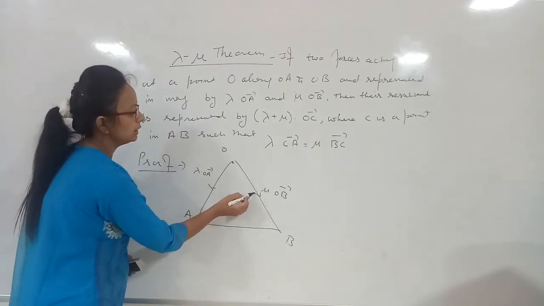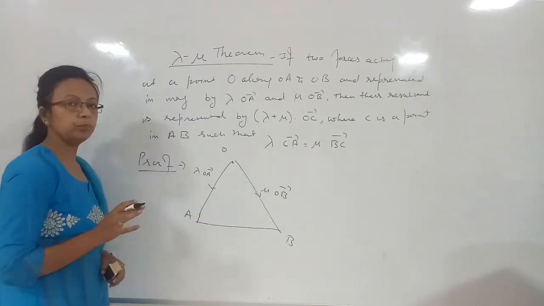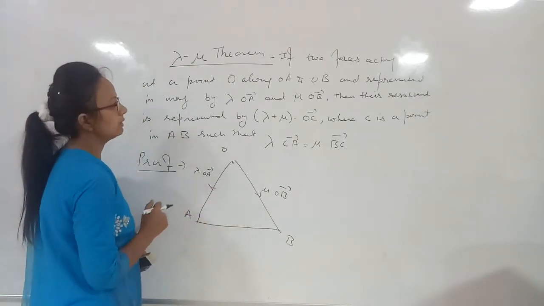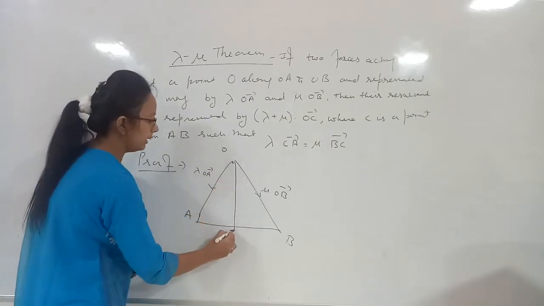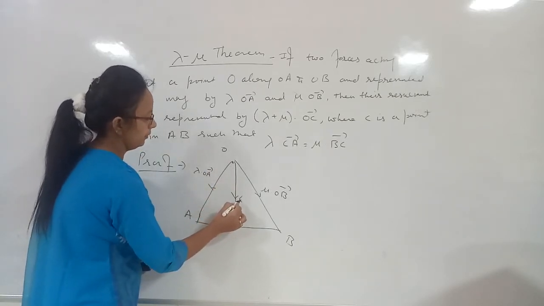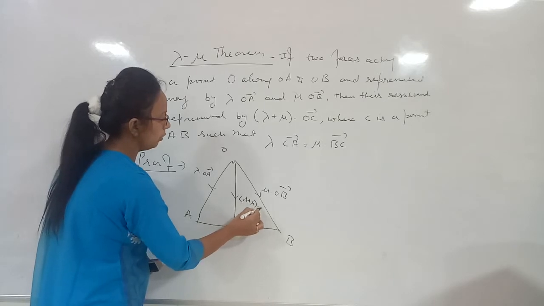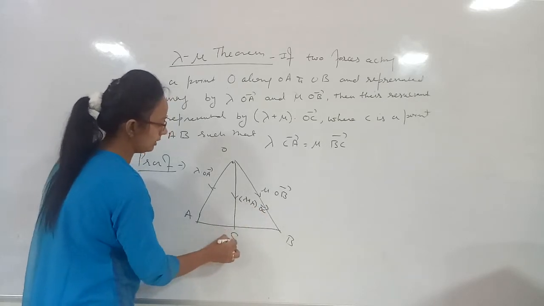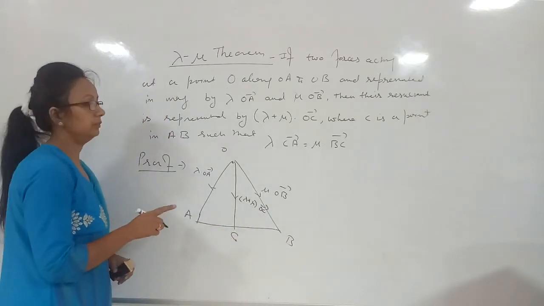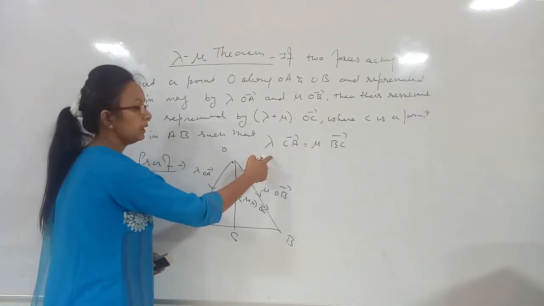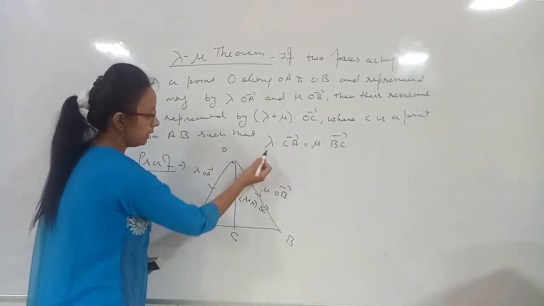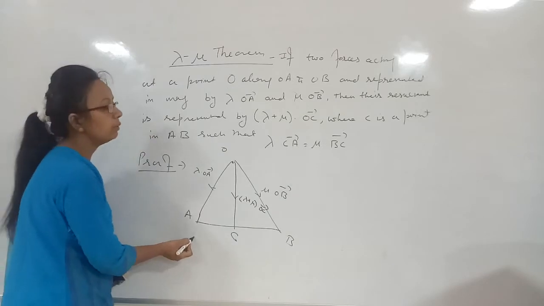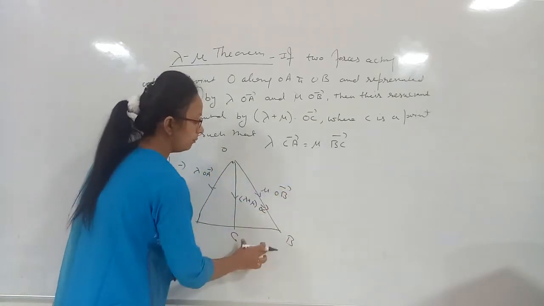We have to prove that their resultant is represented by lambda plus mu OC. This is C, such that lambda into CA is equal to mu into BC.